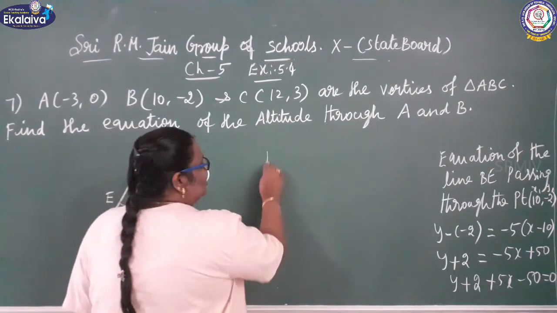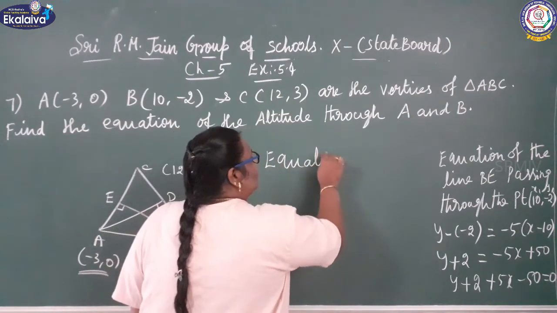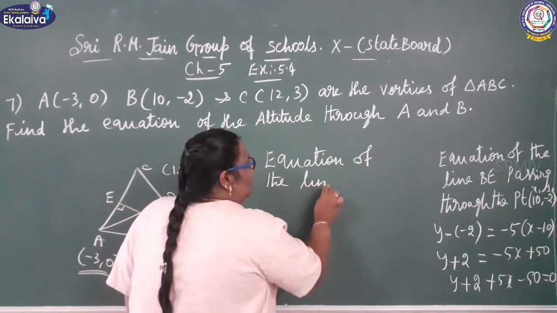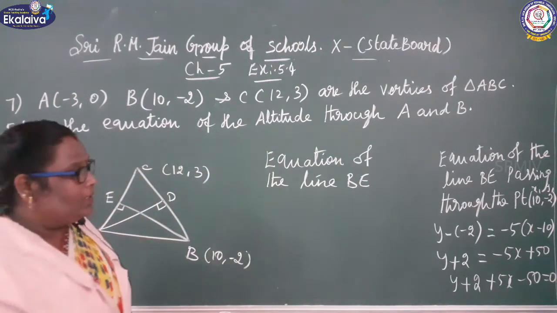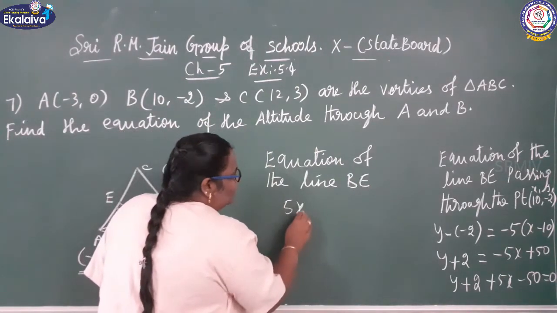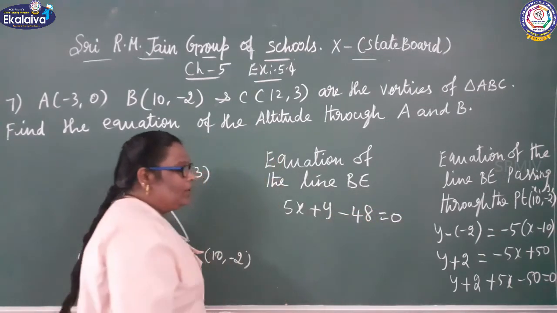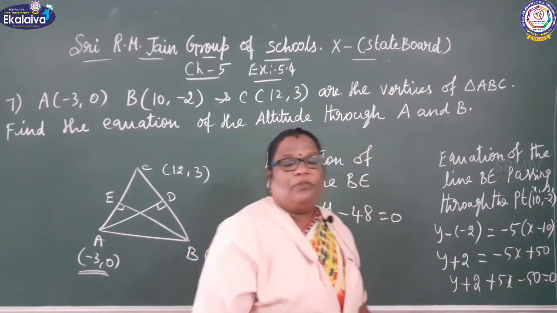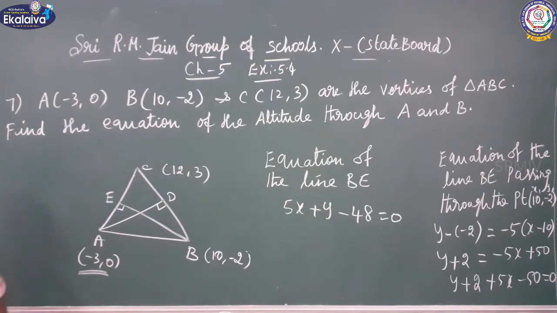So the equation of the line BE is 5x plus y minus 50 plus 2, that is 5x plus y minus 48 equals 0.